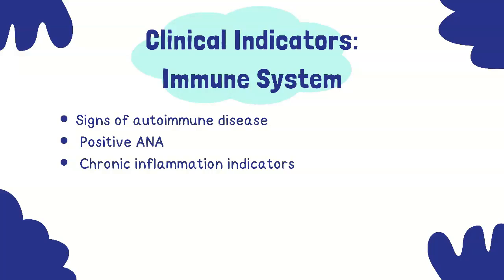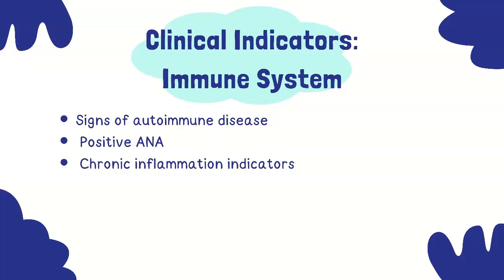Immune system. Indicators in the immune system focus on signs of immune dysregulation, autoimmune diseases, or chronic inflammatory conditions. Symptoms like chronic joint pain, rashes, and persistent fatigue are often seen in autoimmune diseases like lupus or rheumatoid arthritis.